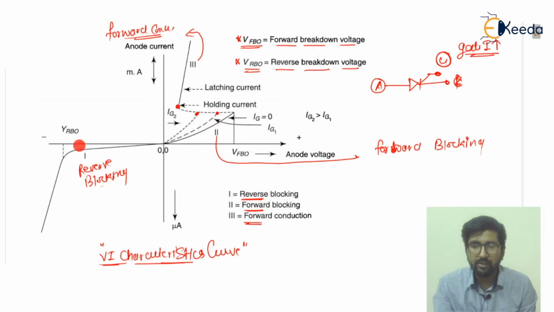Here it is a leakage current, and here a huge amount of current will flow after the breakdown. So this is called the reverse breakover voltage, and this is the forward breakover voltage.